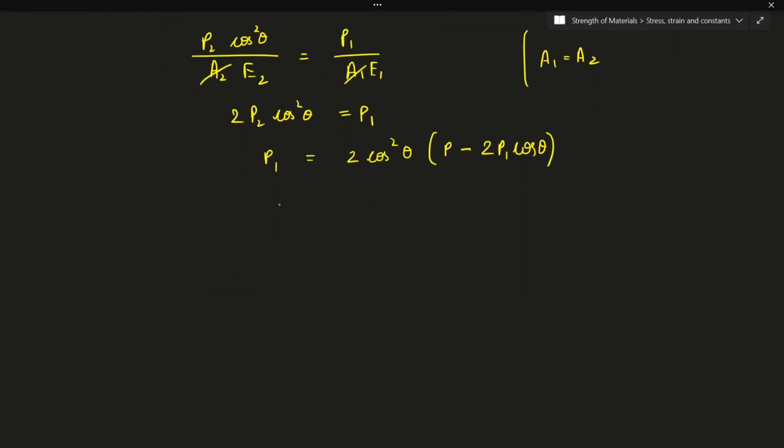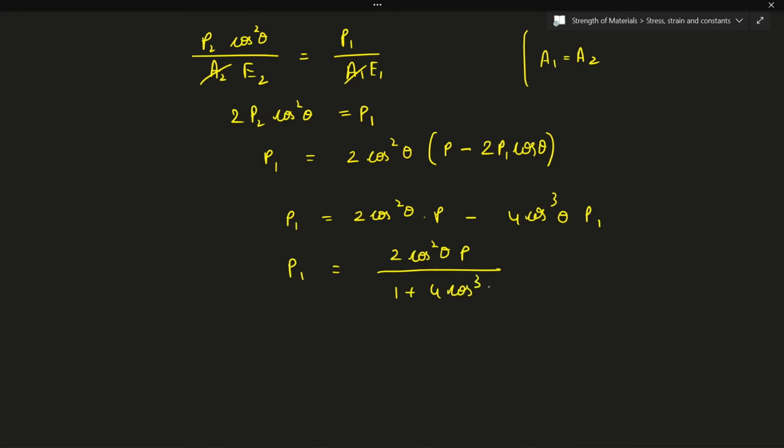Upon simplifying, P1 will be given as 2 cos square theta into P minus 4 cos cube theta into P1. So finally P1 will be given as 2 cos square theta into P divided by 1 plus 4 cos cube theta.